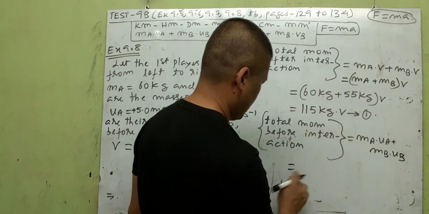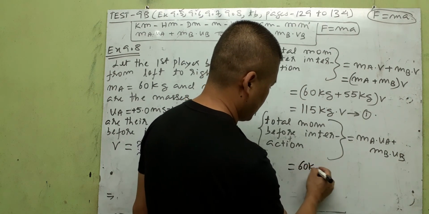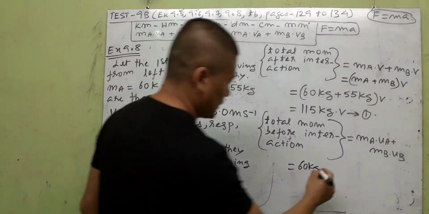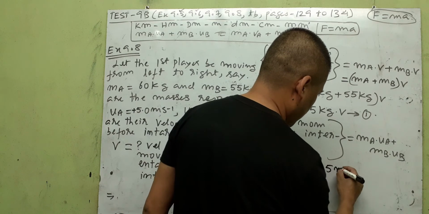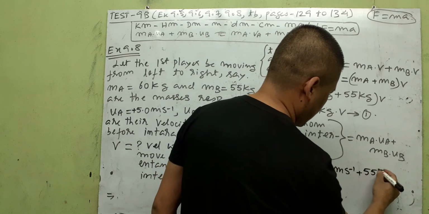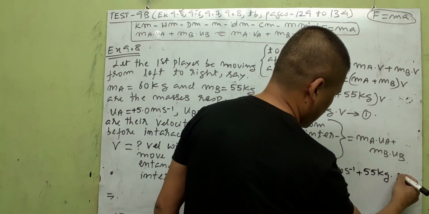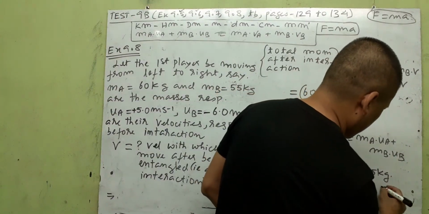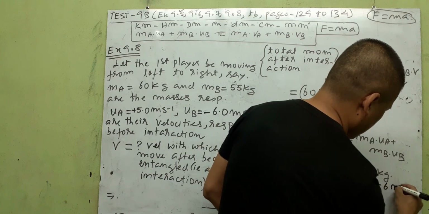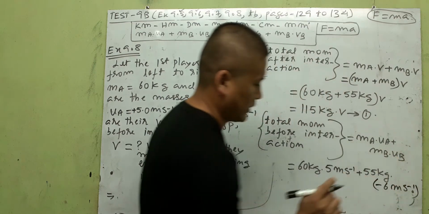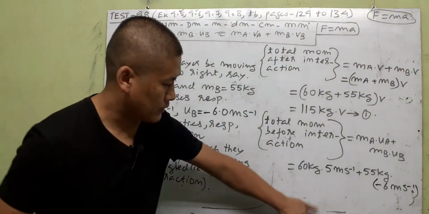So that is MA is 60 kg, UA is here 5 meters per second, plus 55 kg, the mass of the second player, into minus 6 meter per second. You may want to put this one in bracket. Just matter of doing slowly.